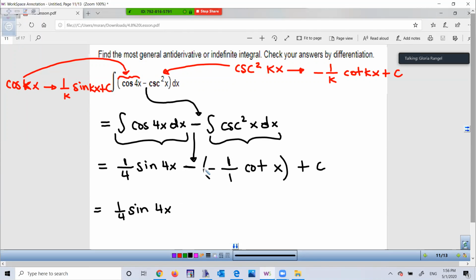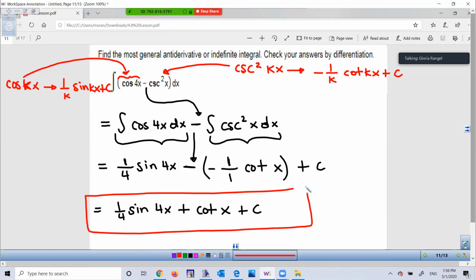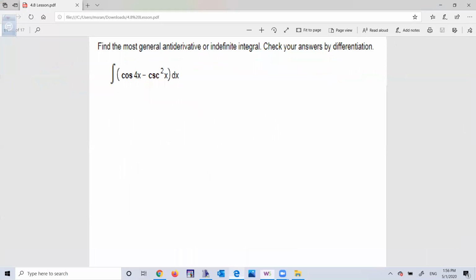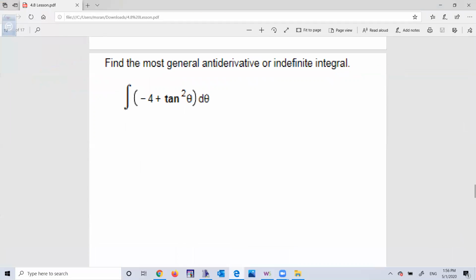And what's a negative times a negative? It's a positive. So plus cotangent of x plus c. And this is it. This is my final answer for the integral, or the antiderivative, of this one. Okay. Let me see if I can have time. I think I would have time for doing this one.